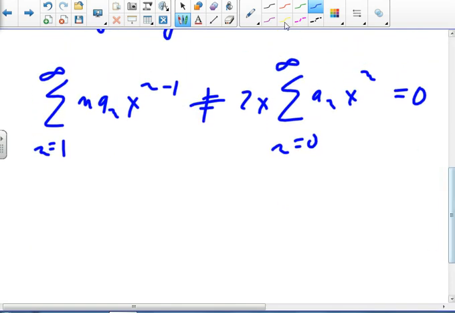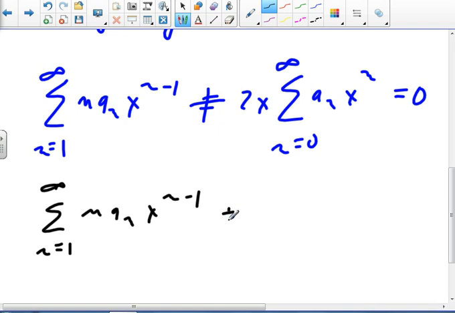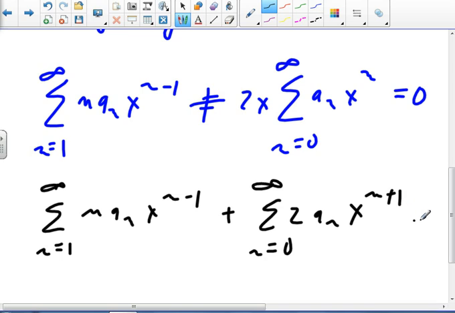Right? So now I'm going to bring the 2x inside the summation sign. So, summation n equals 1 to infinity of n a(n) x to the n minus 1 plus summation n equals 0 to infinity of 2 a(n) x to the n plus 1 is equal to 0.